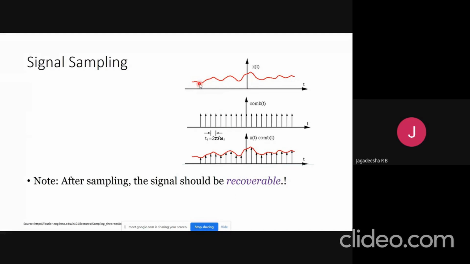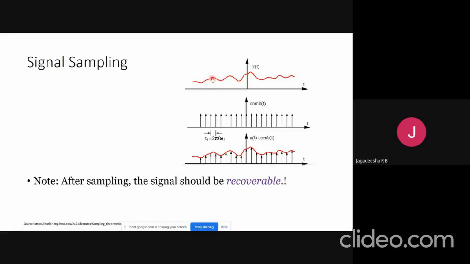For example, if this is the variation here, I collect one sample here, this value is 1 volt, and next I collect another value here, that is maybe 0.7 volts. Then if I try to represent this signal, and I have one value here as 0.5, other value as 0.7 only, I do not have these amplitude values.